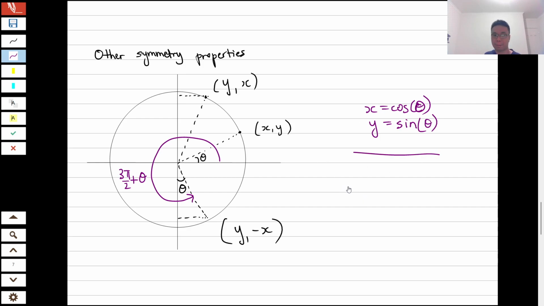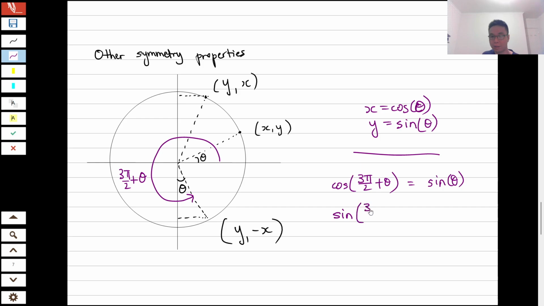Which means cosine of 3 pi on 2 plus theta gives me the x value, which is sine theta. Notice that it's coming out positive because I expect cosine to be positive in the fourth quadrant.